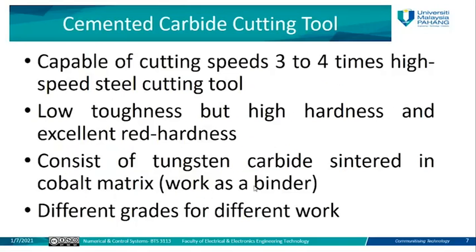Okay. The second type is cemented carbide. This type of tool is used for cutting speeds 3 to 4 times higher than high speed steel. It has low toughness, but it also has high hardness and excellent red hardness compared with the high speed tool.